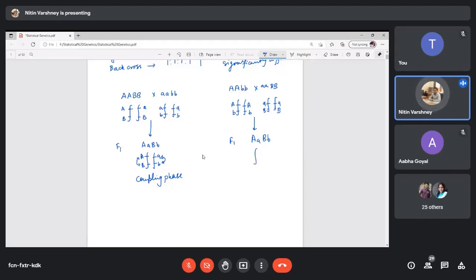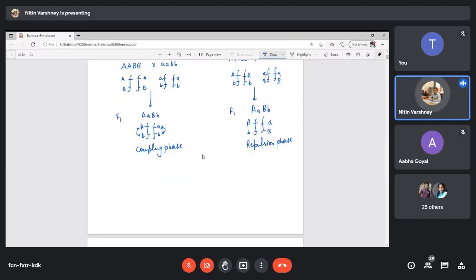But here the situation will be capital A, small b, and small a, capital B. So this is known as the repulsion phase. These two phases are important, coupling as well as repulsion. We will see in later classes how these two phases are important.